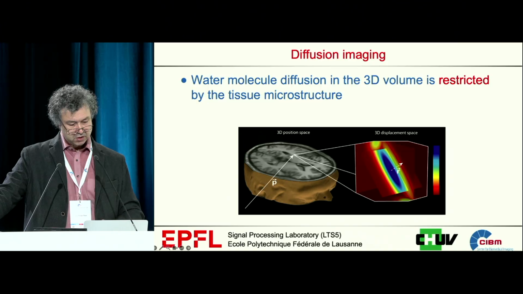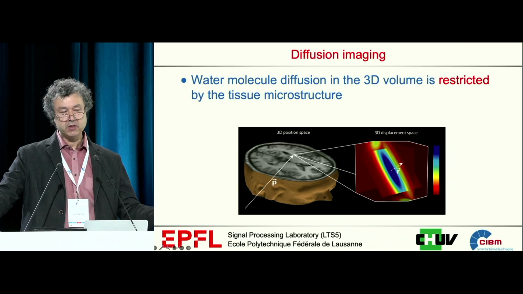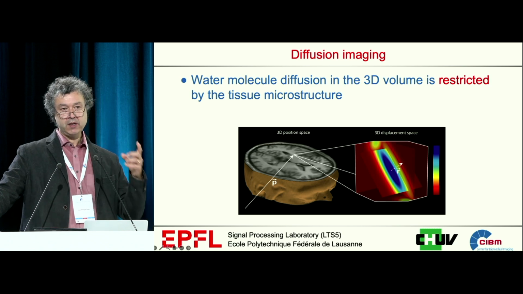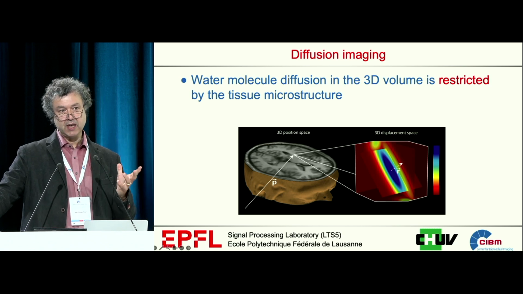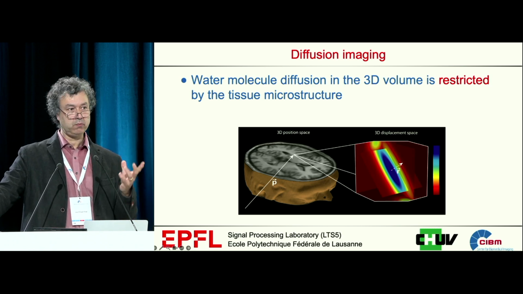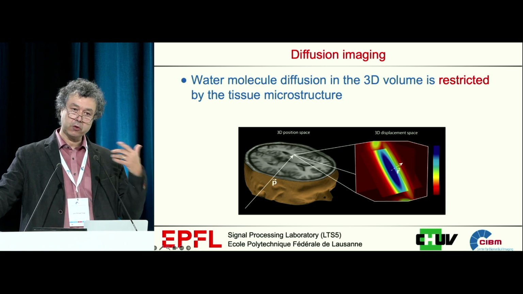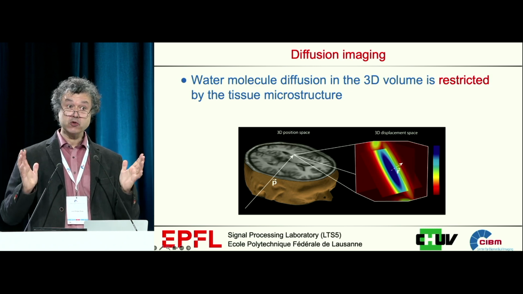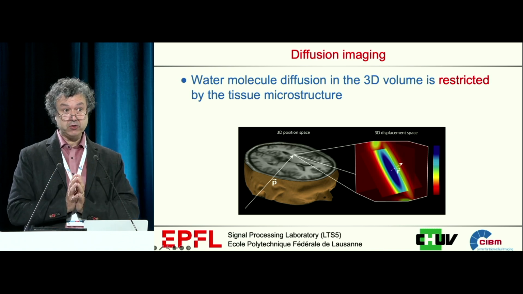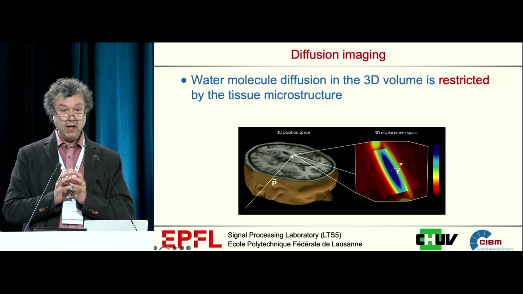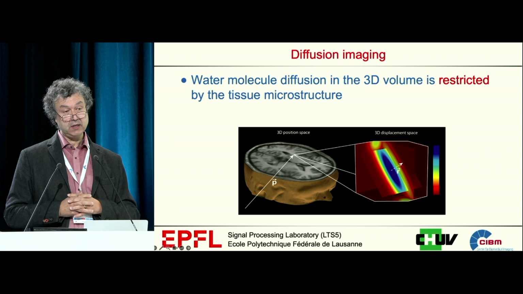Indeed, if you consider, as a typical example, the cerebral white matter, the structure of the tissue itself restricts the diffusion because the molecules are not able to diffuse freely in all directions and to all distances, because they are constrained by the boundaries of the tissue they live in. And this is exactly what is exploited in diffusion MRI.